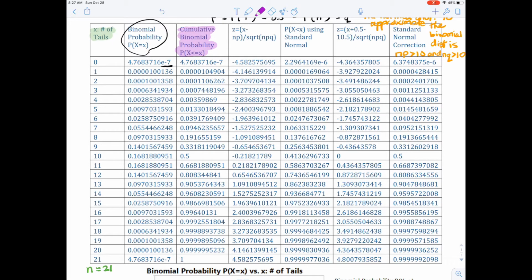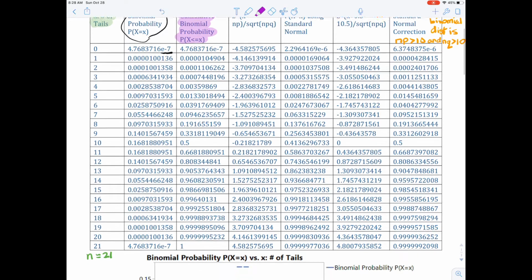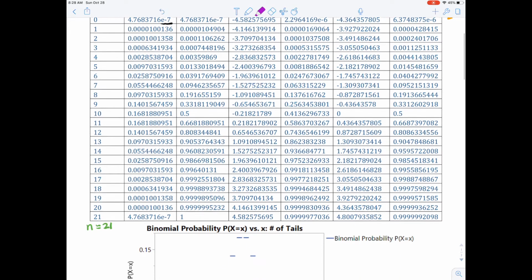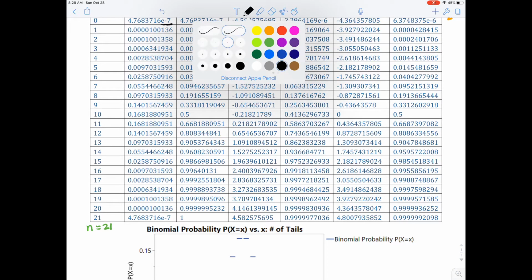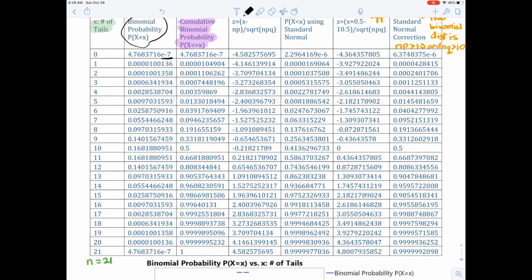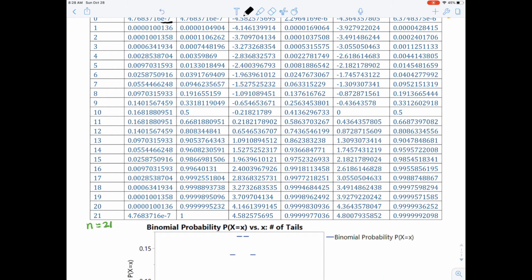We said the sum of all the probabilities in this column has to equal 1, because it's a probability density function.